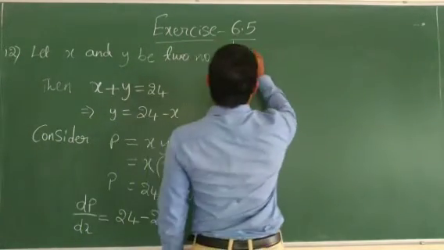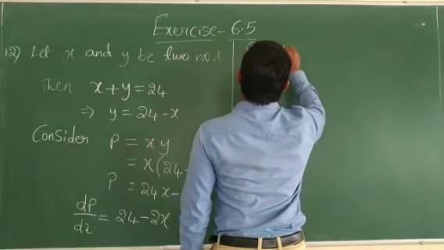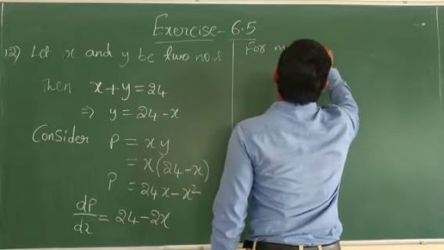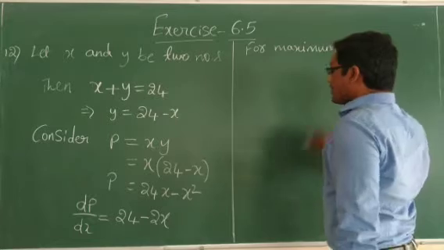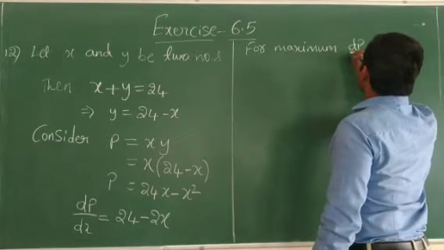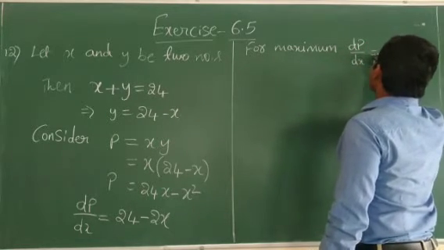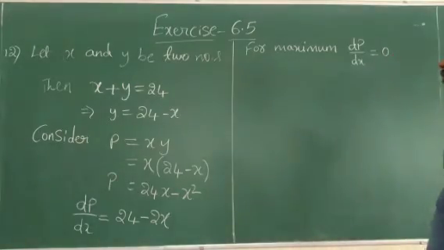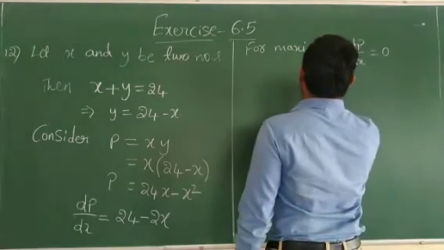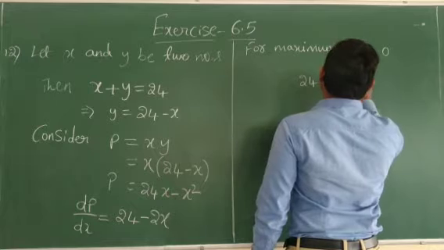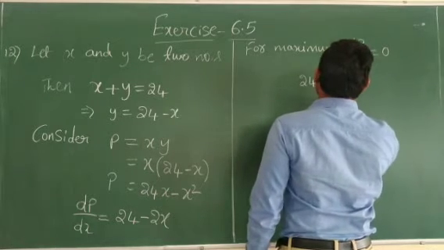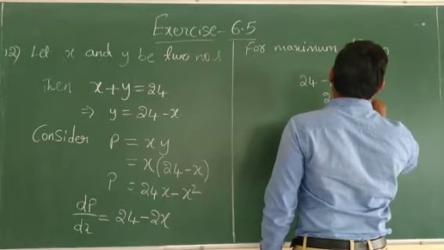Again we need maximum. So for maximum dp by dx must be equal to 0. Therefore 24 minus 2x is equal to 0 and 24 is equal to 2x.